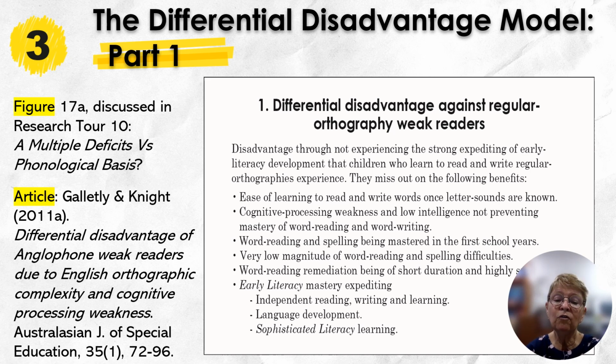Okay, and they have early literacy mastery. Okay, and that expedites their independent reading, writing, and learning, and their language development. Once they're literate, kids can develop later language skills, and their sophisticated literacy learning, which includes all subject area learning.